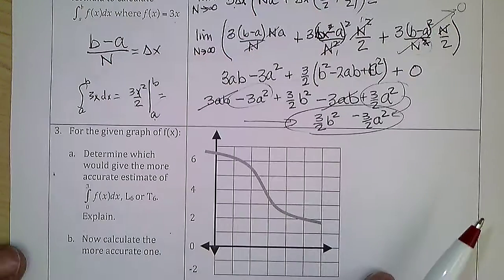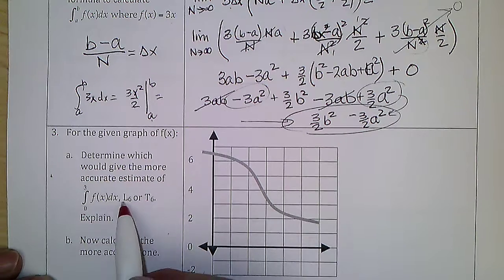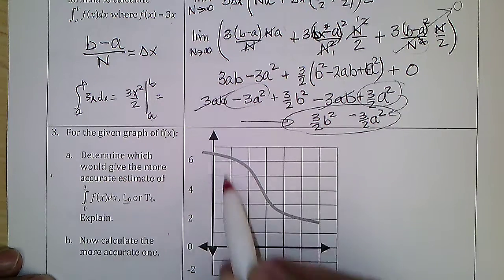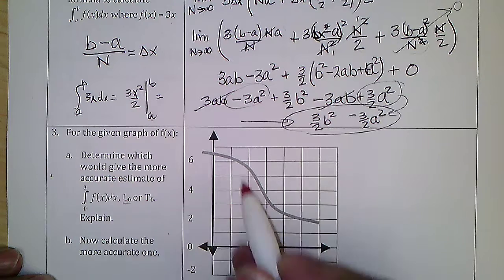Okay, 3. If I were to draw L6, that would mean I'd do 6 of them from 0 to 3. Each one would have to be half wide.